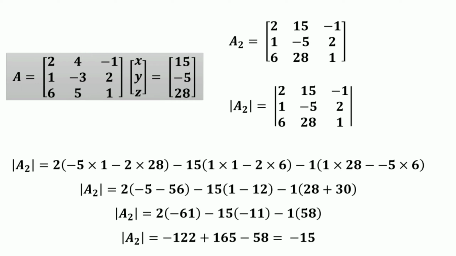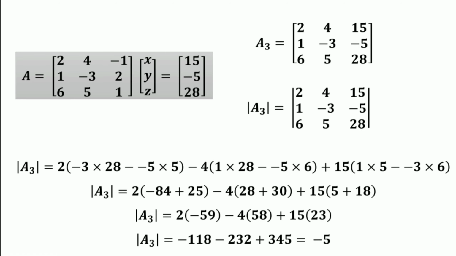So the new matrix A2 is equal to 2, 15, minus 1, 1, minus 5, 2, 6, 28, and 1. The next step is to find the determinant of A2. If you go through the solution, we will get the determinant value equal to minus 122 plus 165 minus 58, which is equal to minus 15. So minus 15 is the determinant value of A2.